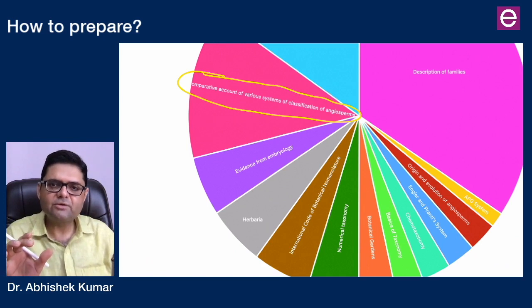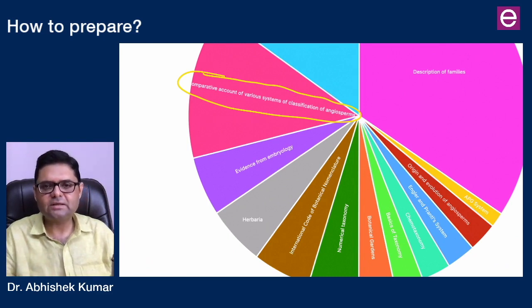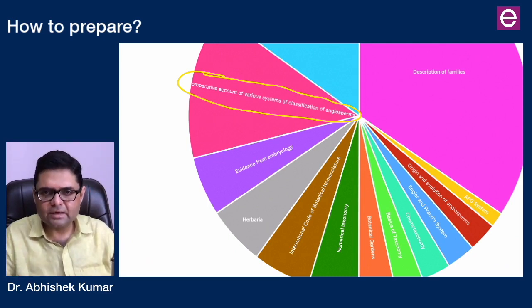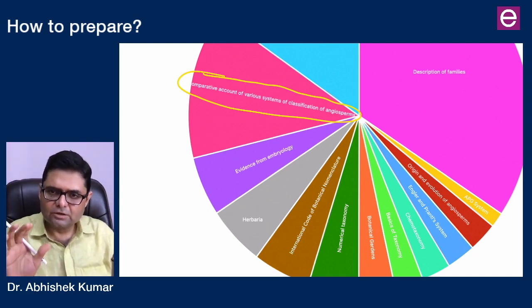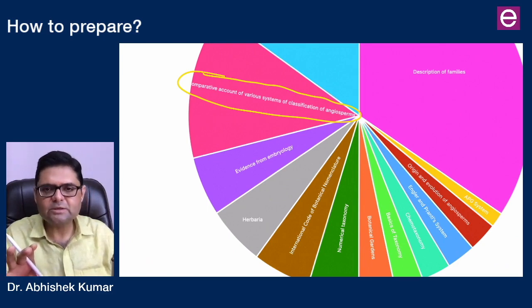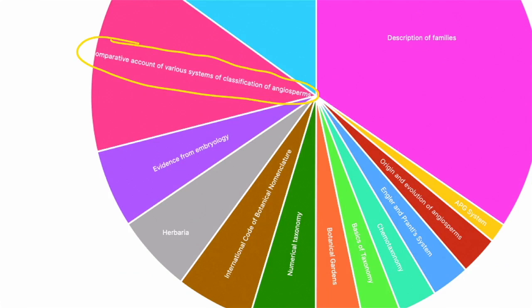Compare the system given by Hutchinson and Bentham and Hooker. Compare the system given by Bentham and Hooker with that of Takhtajan. Compare the system of Hutchinson with Takhtajan. Compare the system of Bentham Hooker with Engler and Prantl. And of course, Arthur Cronquist's system has also been asked. So 1/3 of the questions within the systematics half of the angiosperm questions have been asked from the comparative account of systems of classification.